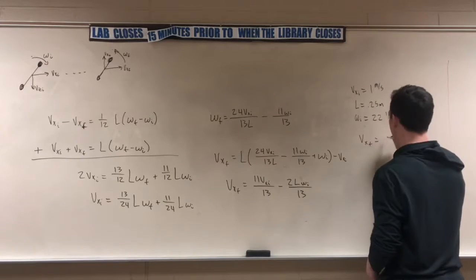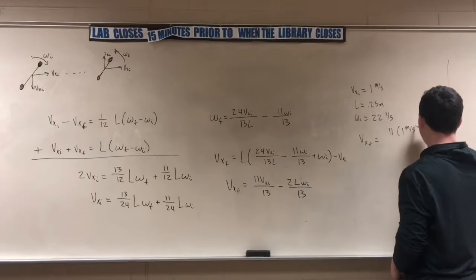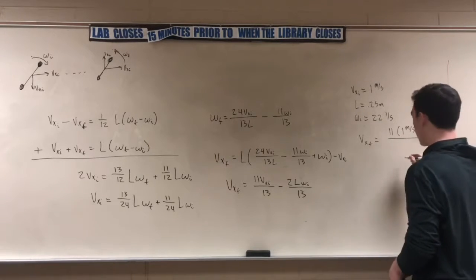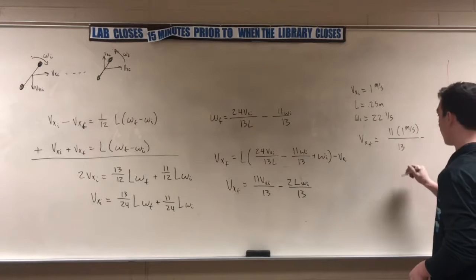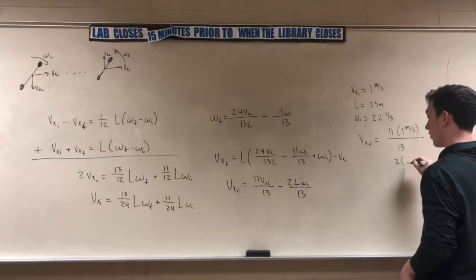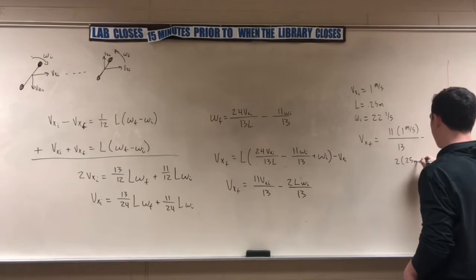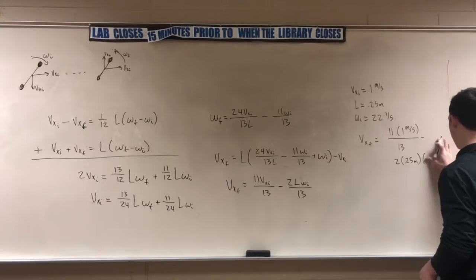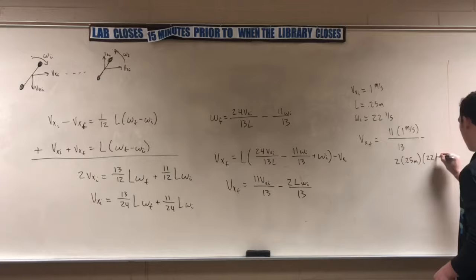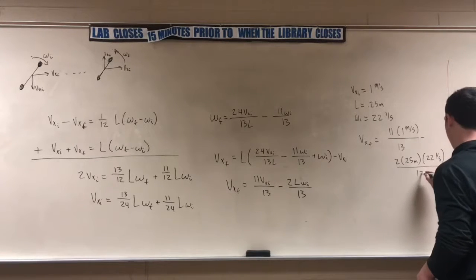So that's going to be 11 times 1 meter per second over 13 minus, I'm going to write it down here, 2 times 0.25 meters times 22 per second, all over 13.